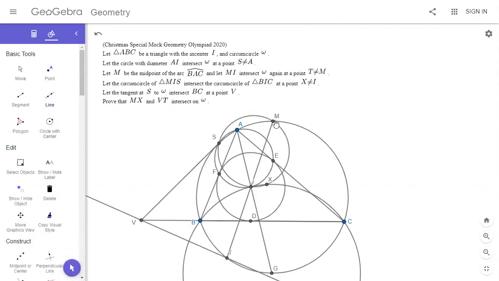So if I draw VT and I draw MX, they do indeed intersect on the circle.